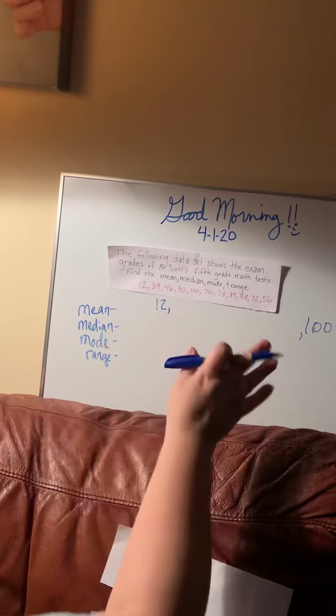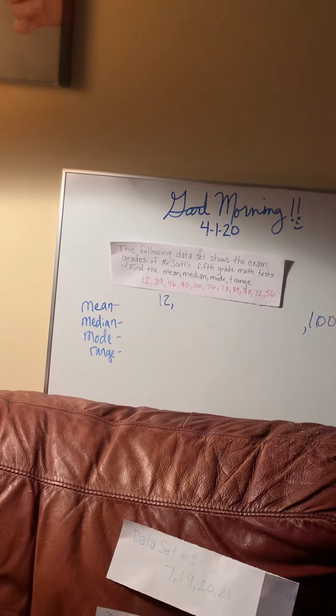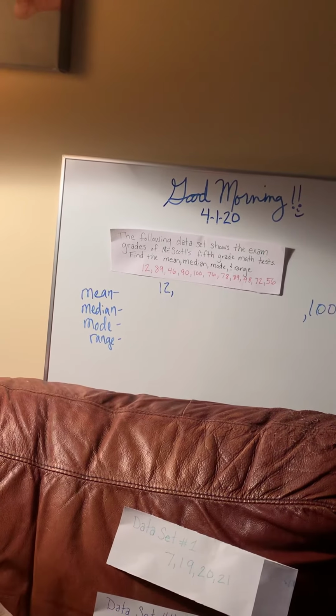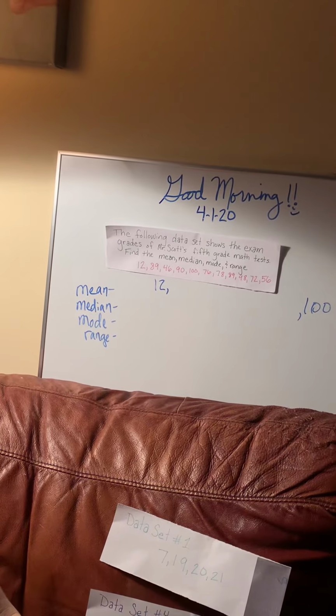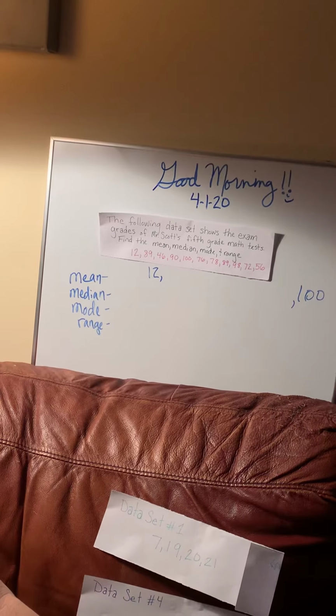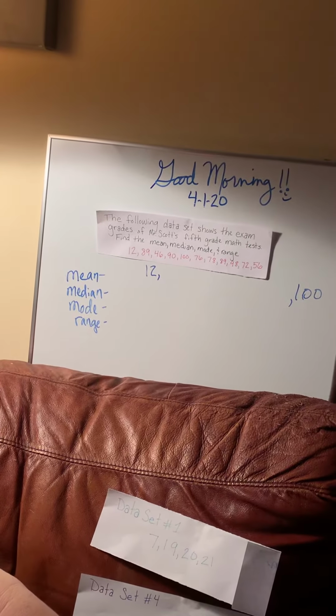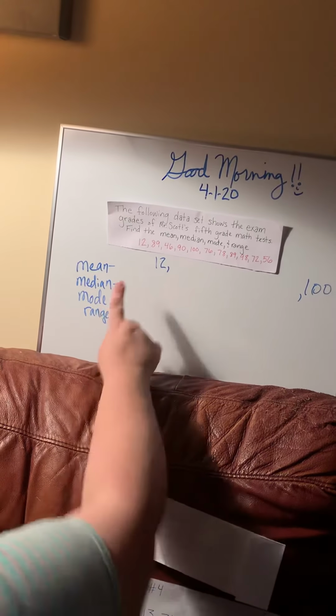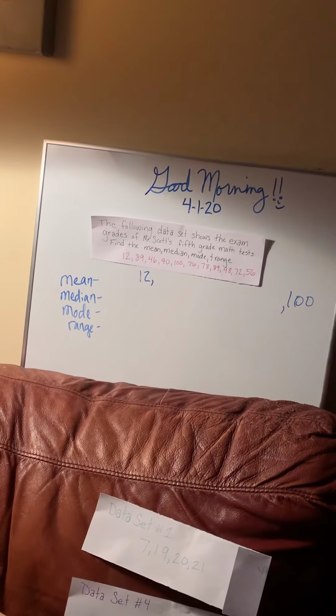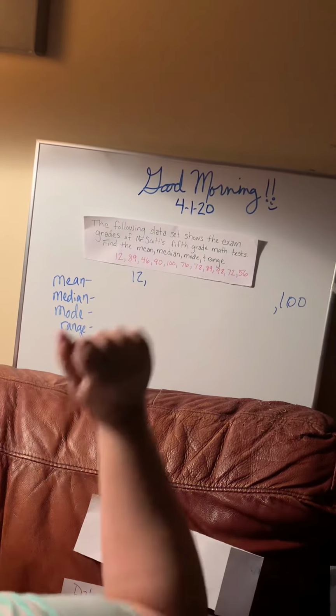So all those other numbers should fall somewhere in between. Sorry, I got hiccups, guys. All right, so I'm gonna ask you to pause here, go ahead and try to work that out, and then press play again once you have worked out your mean, median, mode, and range to double check your answers. All right, ready? Pause.